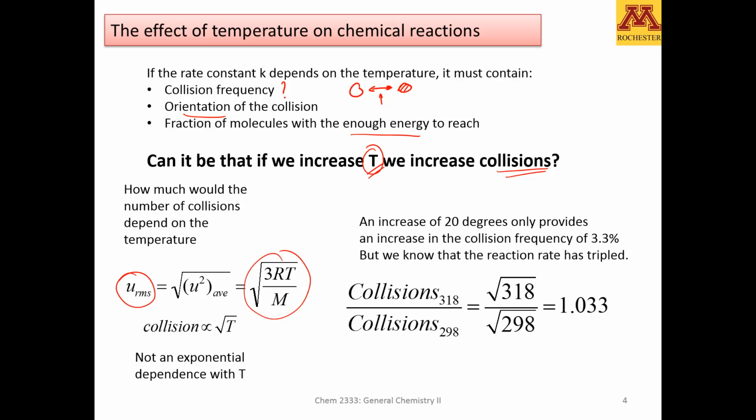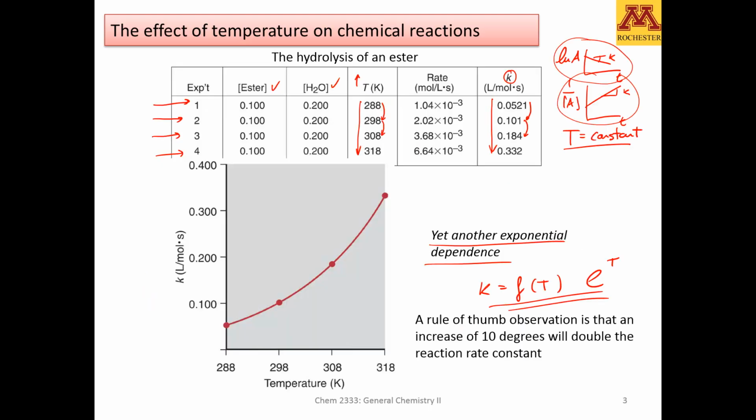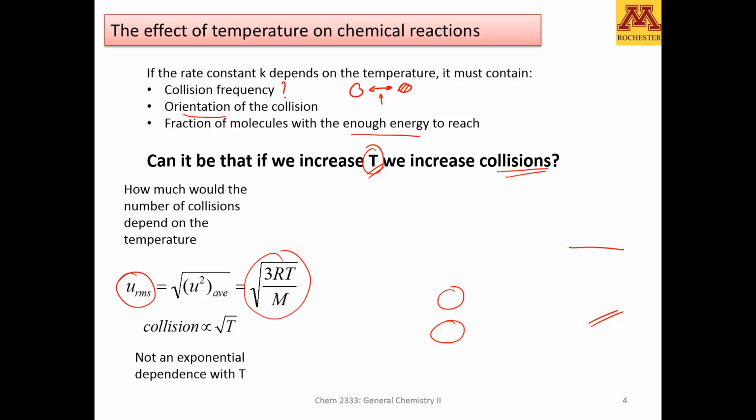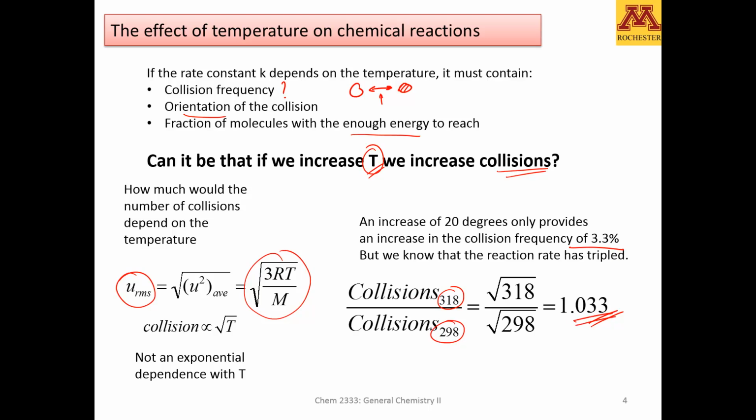So for example, if one tries to calculate what ratio of collisions we have at 318 Kelvin versus how much we had at 298, if it depends on the square root of temperature, the increase is only by a factor of 1.033. So the collision frequency has only increased by 3.3%. However, we saw in here that by increasing 10 degrees, we have almost doubled the kinetic constant. By any means, this is the factor that we have seen experimentally. Therefore, the number of collisions cannot explain the dependence on temperature.